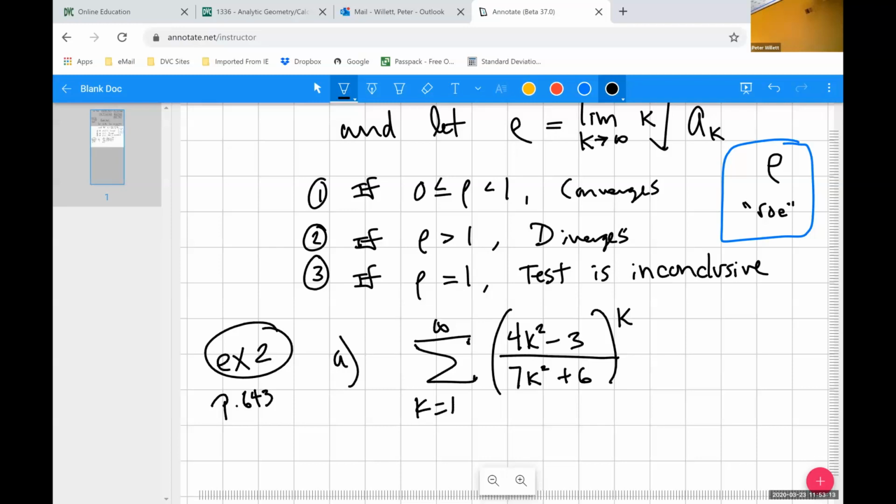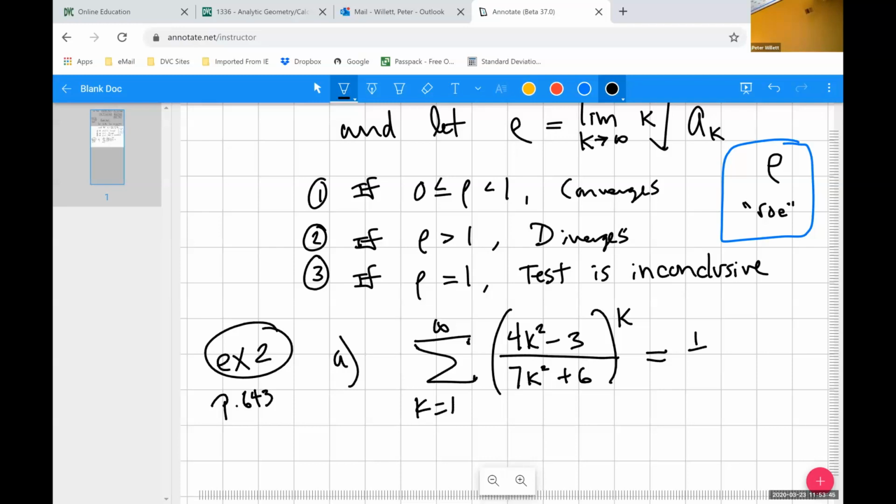Again, we could try to write out the first couple terms of this. Why don't we do that, just as an exercise to remind ourselves that as these formulas get big and ugly, we can still ground our understanding by writing down what they mean. If k was 1, then I'd have 4 minus 3 on the top, which is 1, and 7 plus 6 on the bottom, raised to the first power.